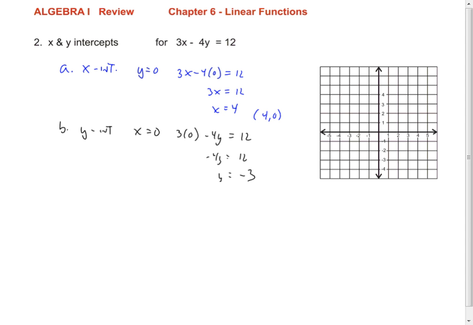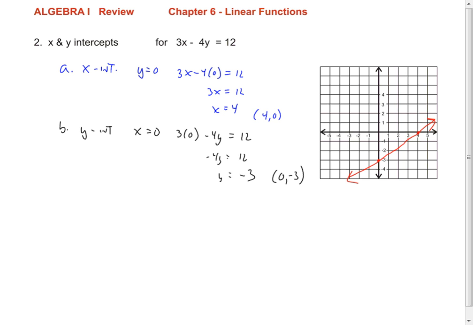Again, if they want it in coordinate form, that's the point 0, negative 3. Now, don't forget, you can graph a linear function by using the intercepts. If I graph 4, 0, it's right there, the x-intercept. The y-intercept, 0, negative 3, right there, and that is the line that goes between them.